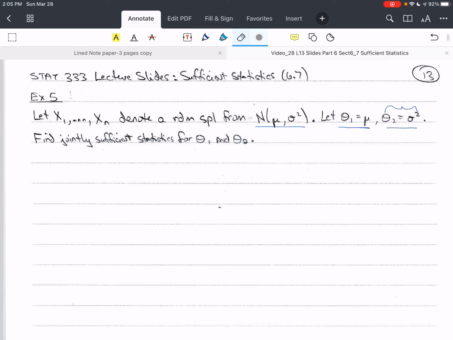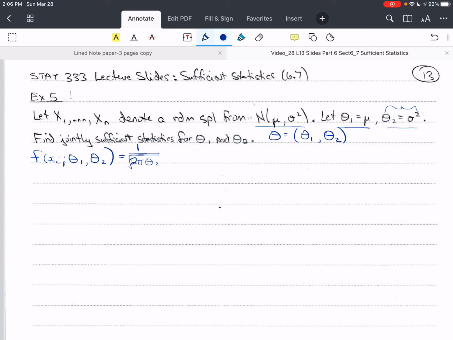All right. So the first thing we need to do is write the PDF of x sub i, the individual PDF of one random variable, as a function of theta 1, theta 2. Now you could just say theta equals theta 1, theta 2 as a vector, but that's up to you. So this is going to be 1 over the square root of 2 pi theta 2, because remember theta 2 is sigma squared.